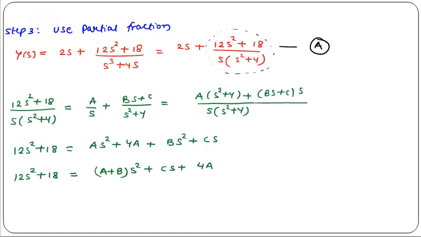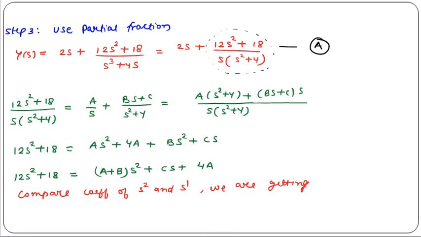Now let us compare the coefficients of s square, s power 1 and the constant term. The coefficient of s square on the left hand side is 12 and on the right hand side we have a plus b. It means a plus b is equal to 12.